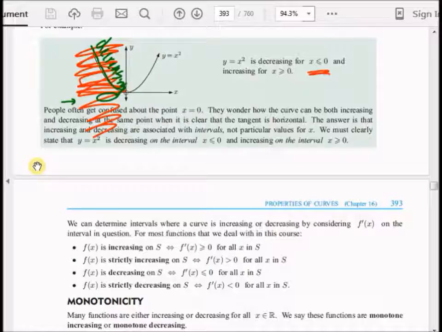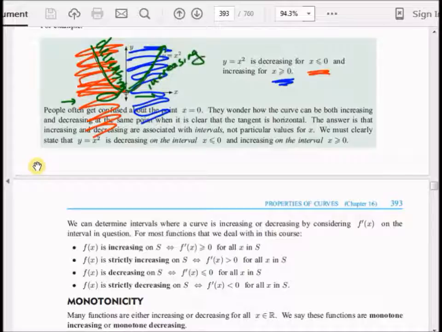If we look at x greater than 0, in other words this portion of the graph, this portion of the graph is increasing. Again, looking at it from left to right, it's getting bigger, so this is an increasing function.